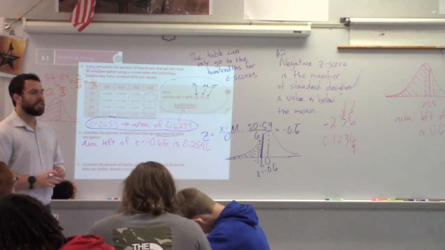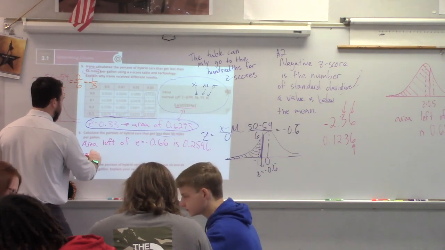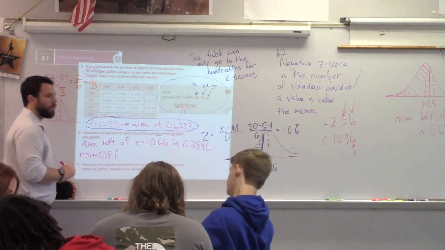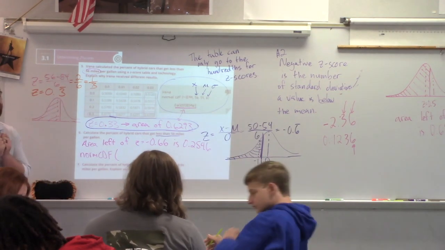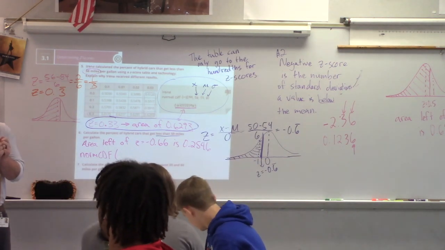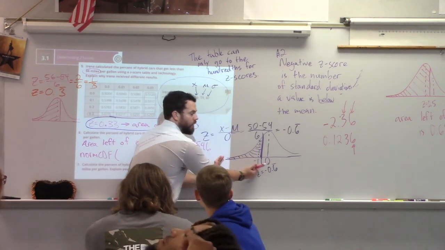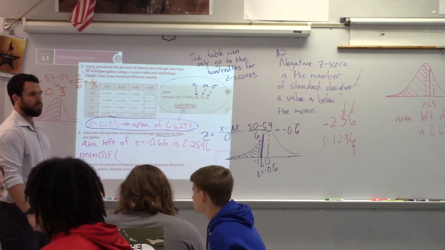Now, when we go to the calculator, we're going to do that normalcdf. But what was the lower bound? I need y'all to pay attention to this. This is why I want you to draw it. I heard people say, oh, I drew it, but I didn't go back to it. No, quit doing that. This is the area I'm looking for, right? What's the lower bound of that area? Does it really stop?